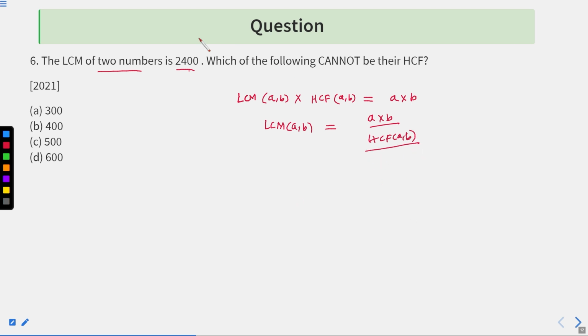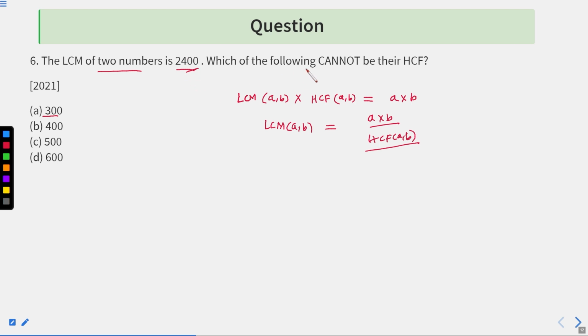Okay, so the LCM is given as 2400, and among these four options, we will have to say which option will be correct. Okay, so here we can observe in option A, 300 divides 2400.